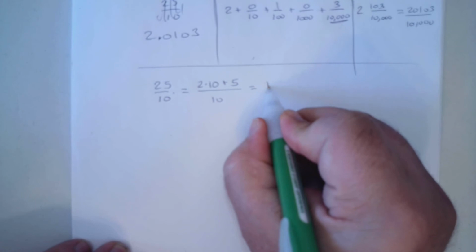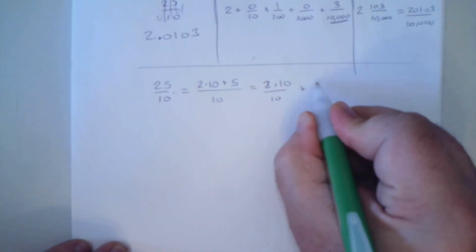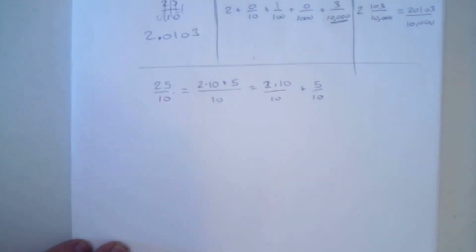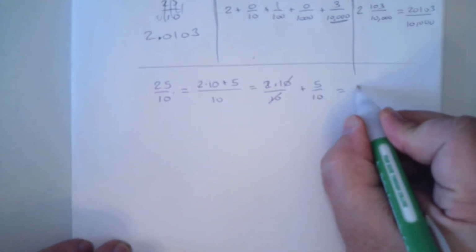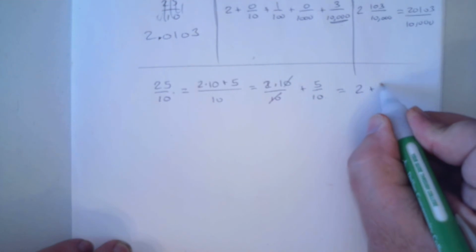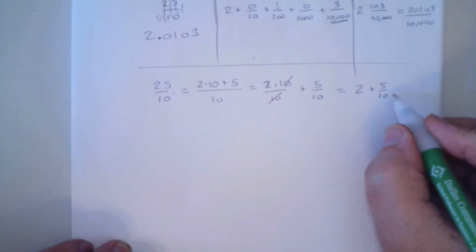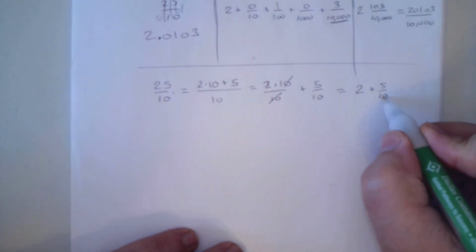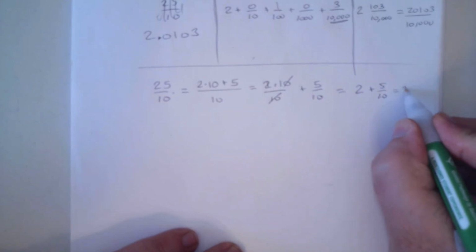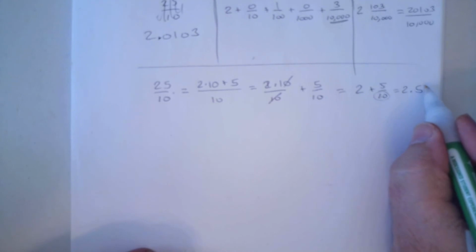Because it's addition, we can split them up, so it's 2 times 10 over 10 plus 5 over 10. These cancel. So we have 2 plus 5 over 10. Since that's over 10, we know it's a decimal location, so it's 2.5. It's the first decimal location.